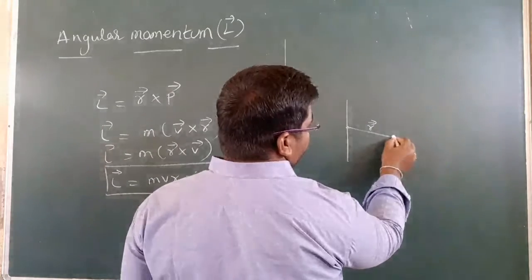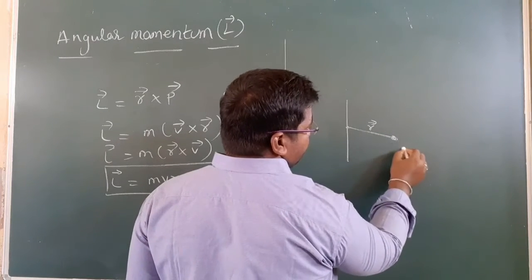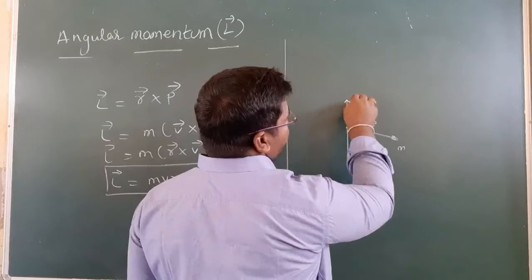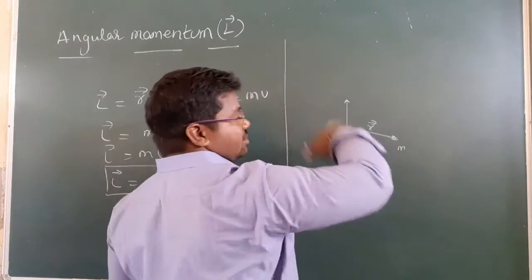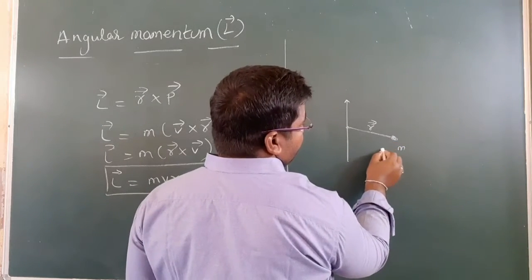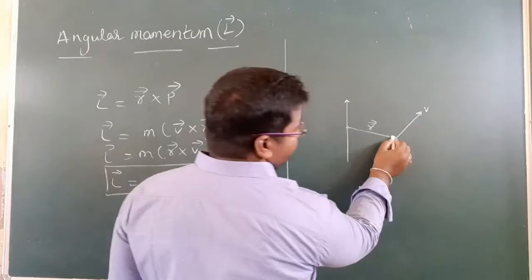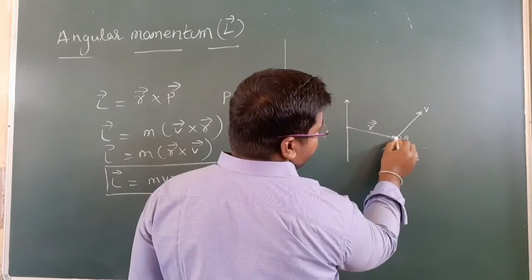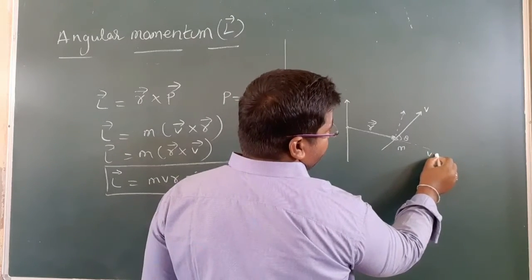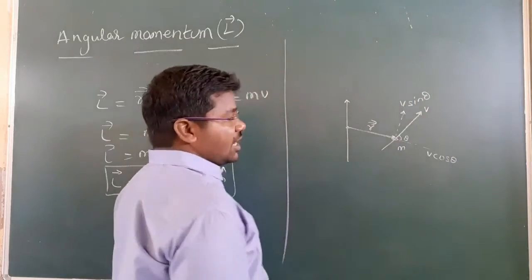In this case, the velocity is acting tangentially. The components of velocity along horizontal and vertical are v cos theta and v sin theta.